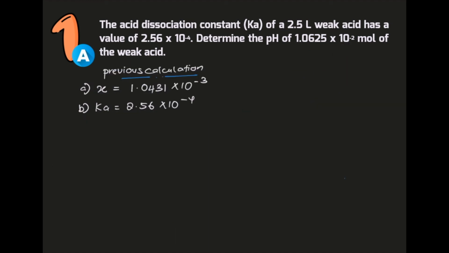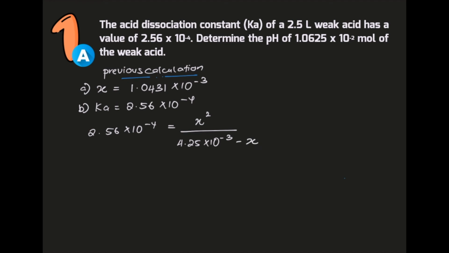Alright, so let's find the new value of x. The Ka given to you in the question is 2.56 times 10 to the power of negative 4. Therefore, this is equivalent to x squared divided by the initial concentration, which is 4.25 times 10 to the power of negative 3, minus x.